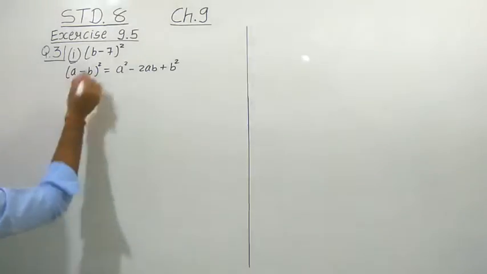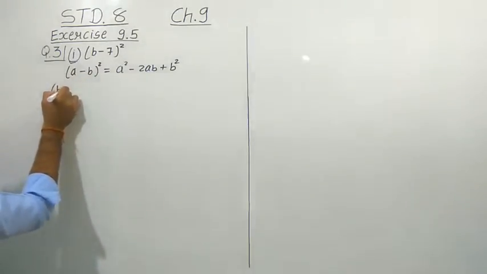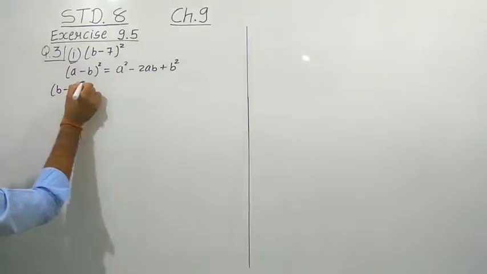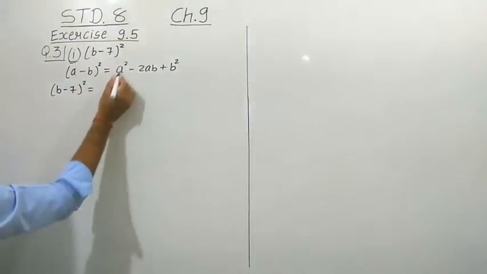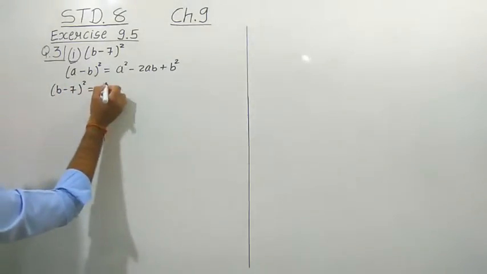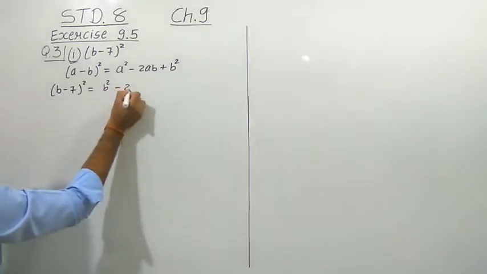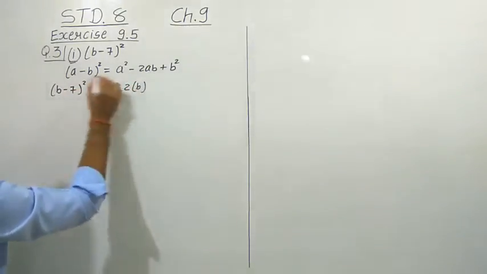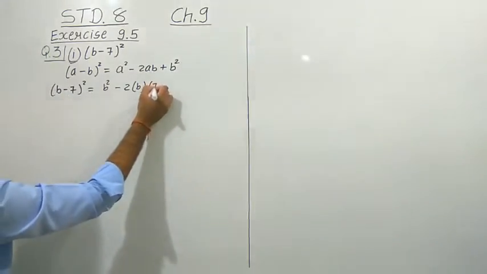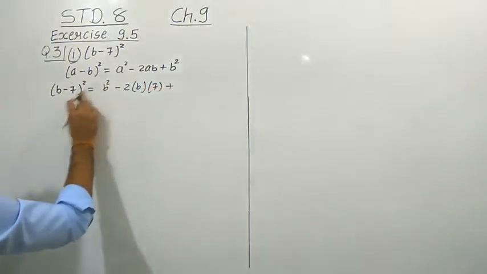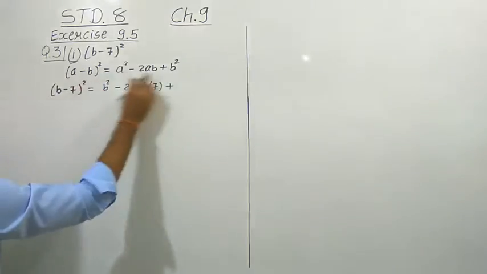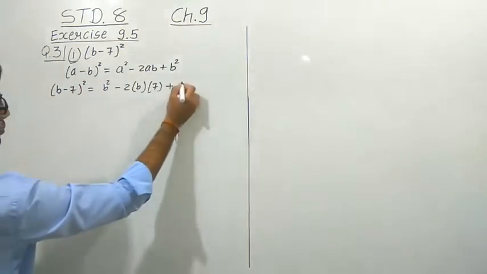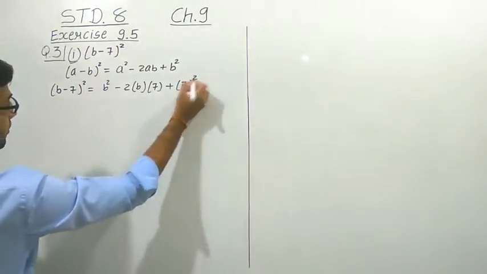So same thing we have to apply for this b minus 7 whole square, that is equals to square of the first term, that is the square of b, minus 2 into first term b and second term 7, plus square of the second term, that is square of 7.